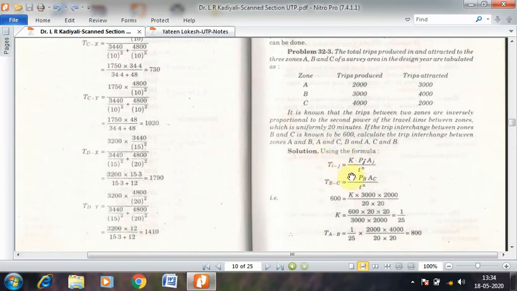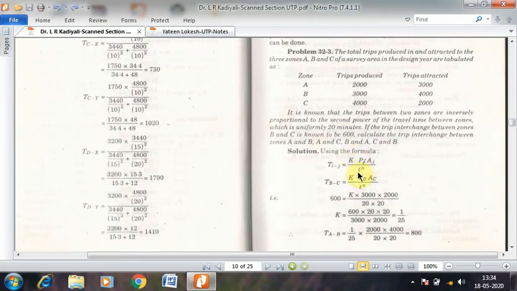Now the general equation can be written in this form: capital T_ij is equal to k multiplied by P_i A_j divided by t raised to n. Now this t is nothing but the d we considered in the previous problem, and n here is 2.